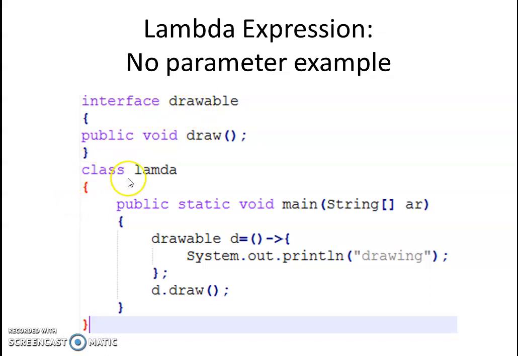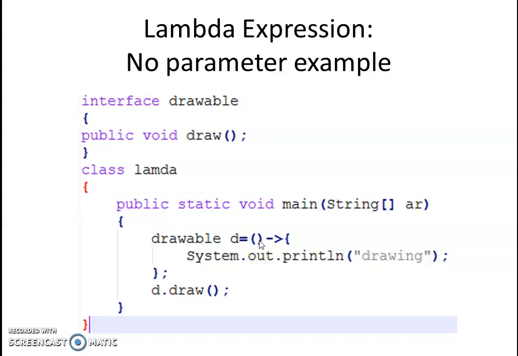Now we are writing a class. The class name is lambda. This is the general syntax of writing Java code. We are writing the public static void main function. Inside main we are referring to this particular interface with D, and after the equal sign we are writing the lambda expression.